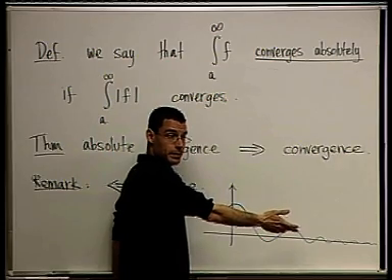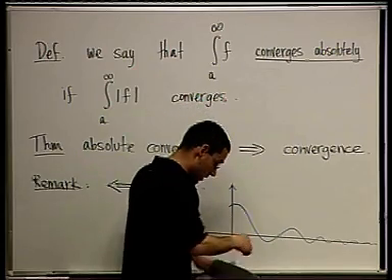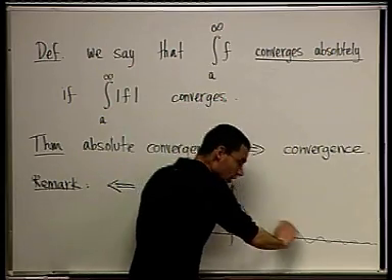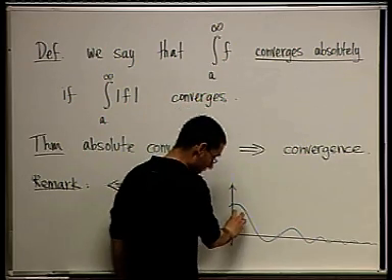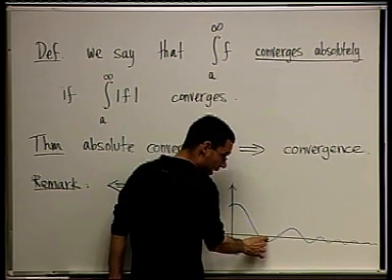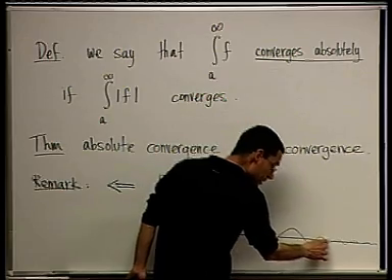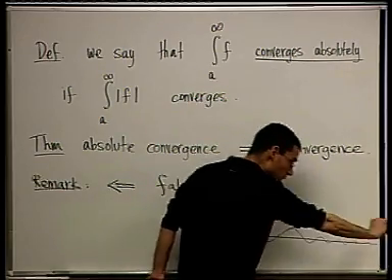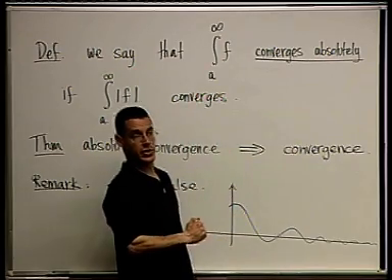It could happen that the reason for the convergence is cancellation of positive and negative areas. So we have a plus area here, but then we subtract this area, then we add this area, and subtract this, and add this, and subtract this, and add this, and eventually it could happen that the convergence is because of the cancellations.